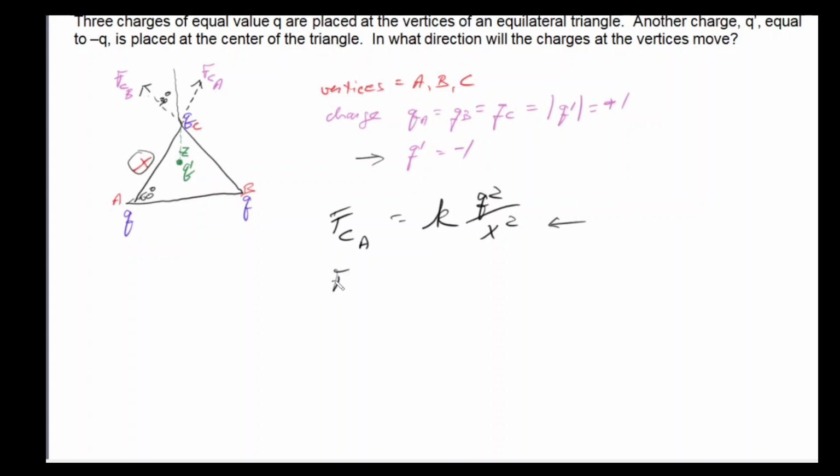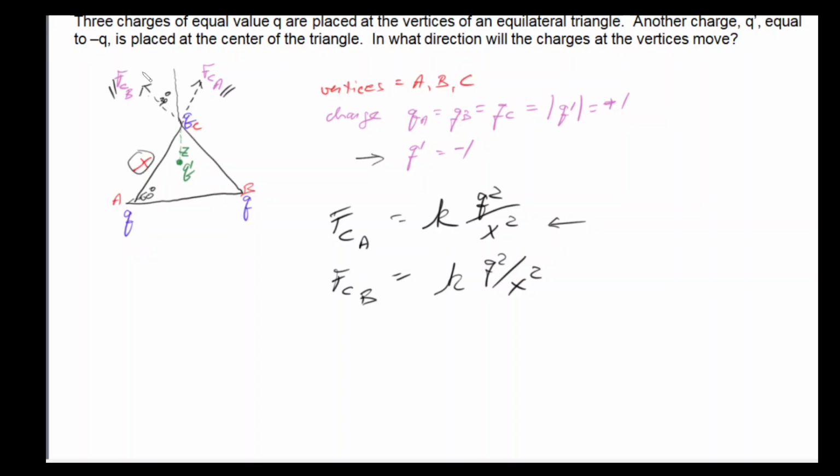And we also have a force on C from B, and that's equal to the same, K times Q squared over X squared. And I've put these forces in over here, and you can see they're acting in a direct line from A and from B.